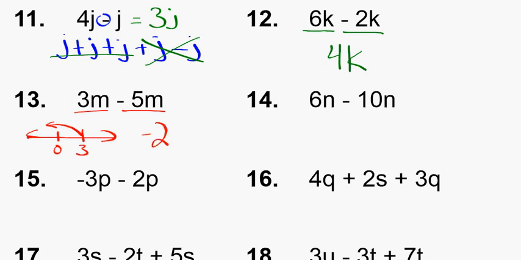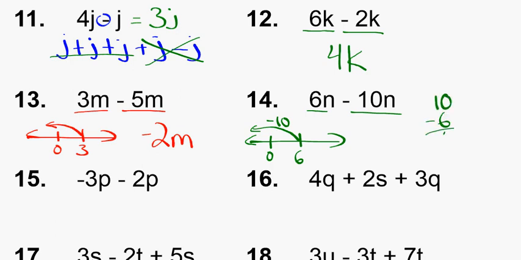That's going to be a negative 2m. Same thing with this next example. 6n minus 10n. If I'm at positive 6 and I subtract 10, I'm going to end up on the opposite side of 0. So you could change this to a 10 minus 6, which gives you 4. So you know it's going to be a negative 4. So we get negative 4n.